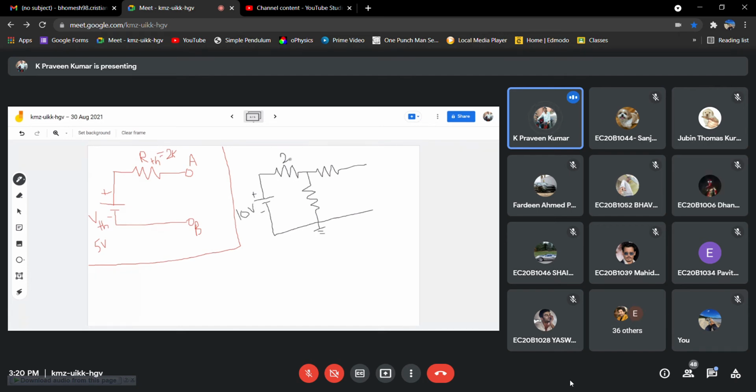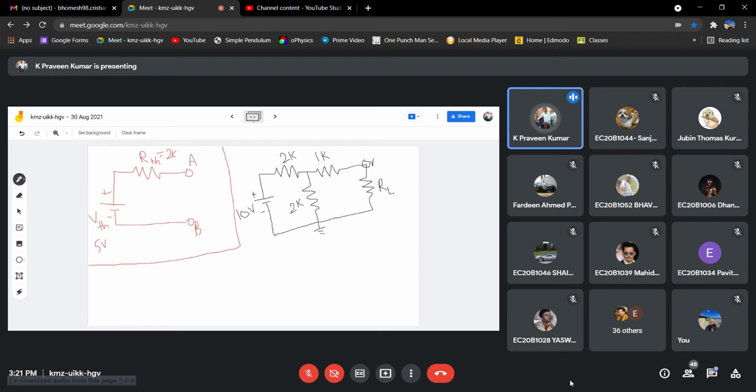So this is the 2 kilo ohm resistance R1, this is R3, and this is R2. So let us connect a load resistance RL.